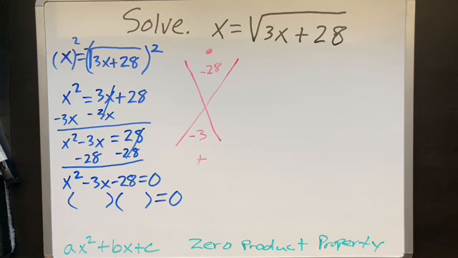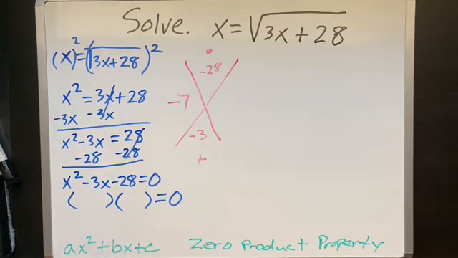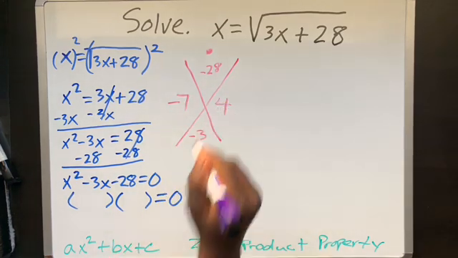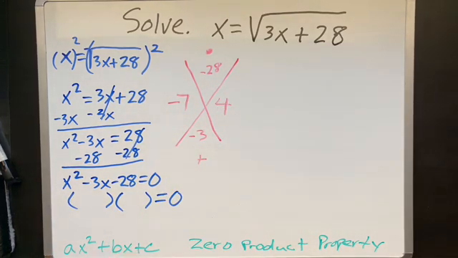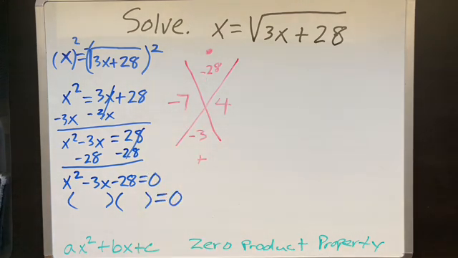I just happen to know what that is. That's negative 7 and 4. So let's see if that works. Well, we have negative 7 times 4 equals negative 28. That's correct. Negative 7 plus 4 equals negative 3.